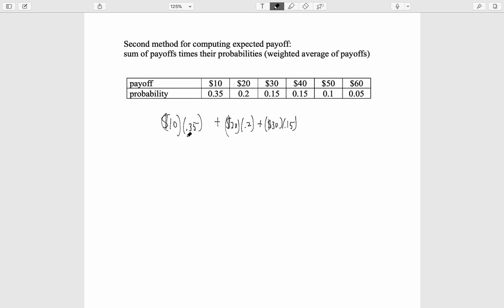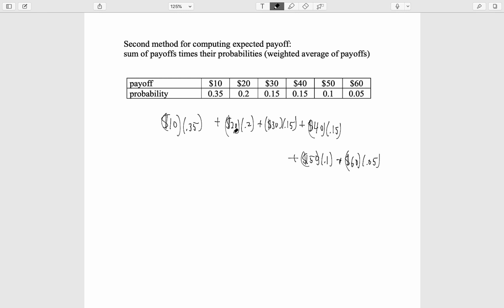We're taking each payoff and weighting it by its likelihood of occurring. Plus $40 times 0.15 plus $50 times 0.1 plus $60 times 0.05. And don't forget the 0 in the 0.05.